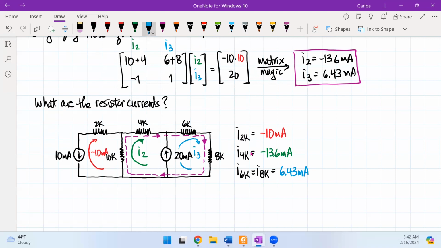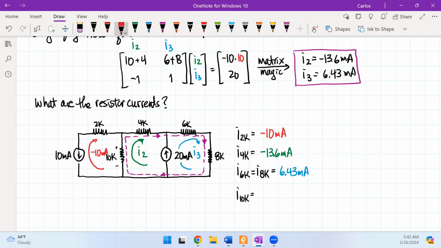So if I look at that 10K, here's what we see. According to our loop equations, if I look at the current, I'm going to pick a direction of current. What do I think is the right current? I'm going to say that the current, I think, is going to be plus minus like that. I'm just going to pick a direction.